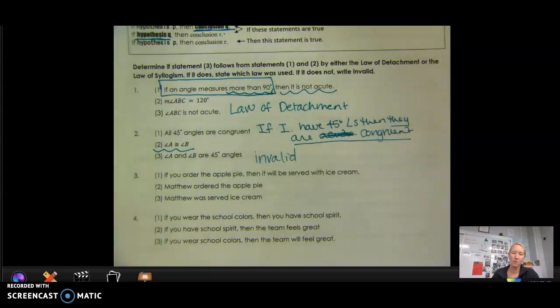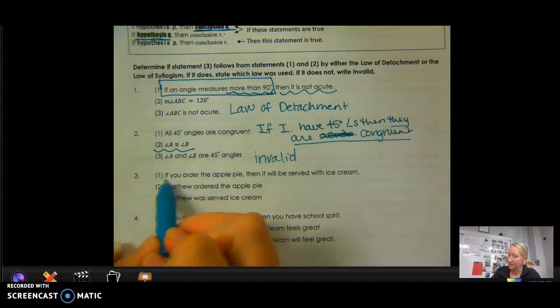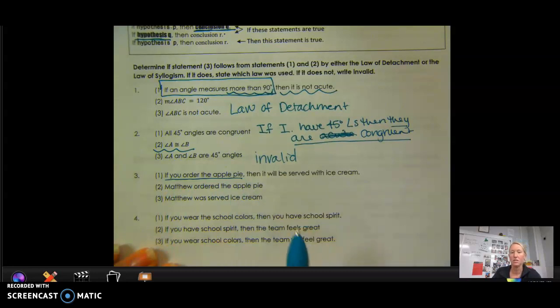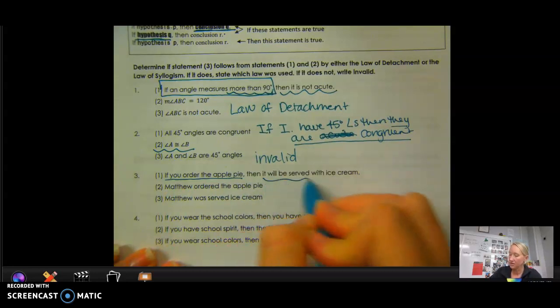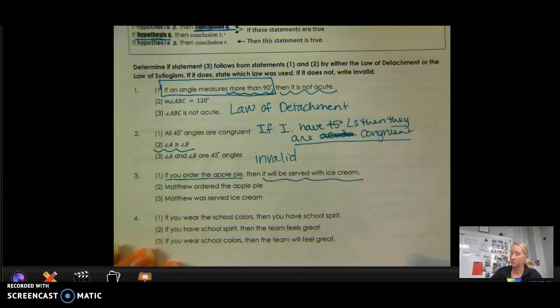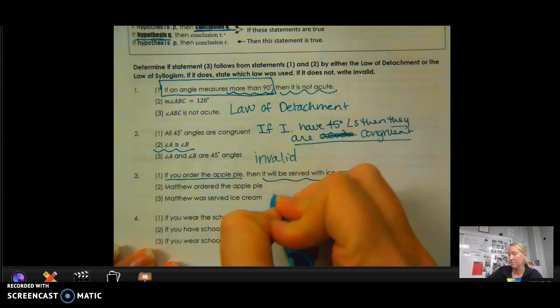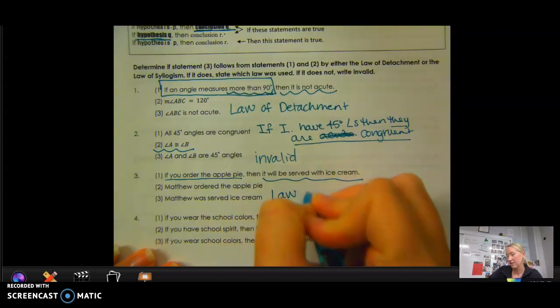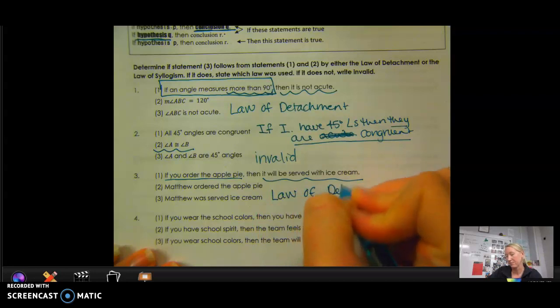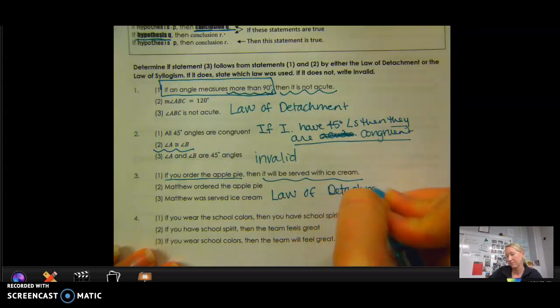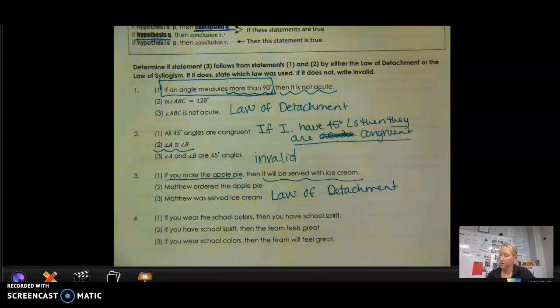Number 3: if you order apple pie, then it will be served with ice cream. Matthew ordered apple pie, so he made the hypothesis true. That means the conclusion will now be true. Matthew was served ice cream. That is true by the law of detachment. Number 4: if you wear school colors, then you have school spirit.